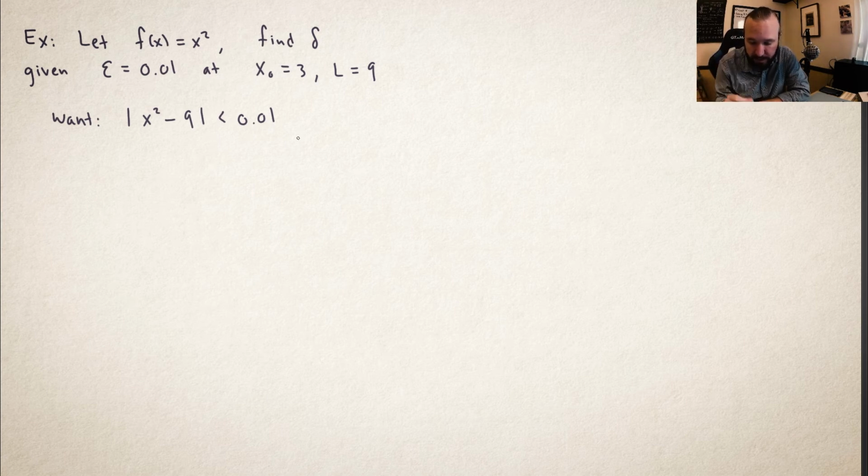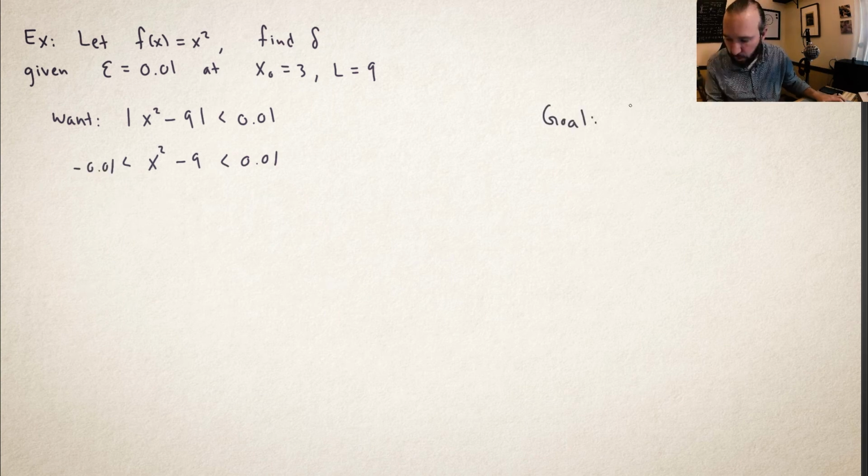So let's see if we can calculate a delta that's going to work here. Here's what we want to happen. This is the goal. So this happens when x squared minus 9 is between 0.01 and negative 0.01. The goal is to get the absolute value of x minus 3 is less than delta, and then we're going to work backwards. So I'm trying to turn this into x minus 3. Okay, so I'll add 9 to both sides.